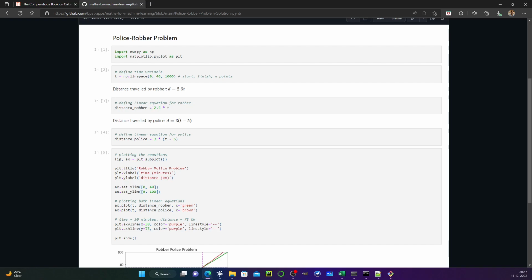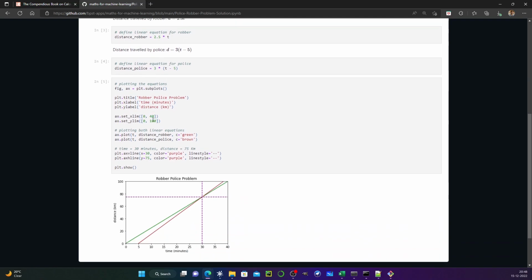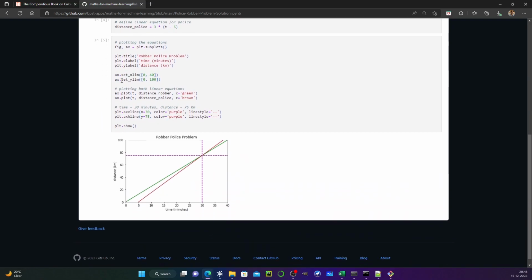Then we created equations for distance for the robber and distance for police, and once we plotted these equations, we found that at t equal to 30 minutes and distance equal to 75, these lines meet each other, and hence you know that this is the solution for the problem.